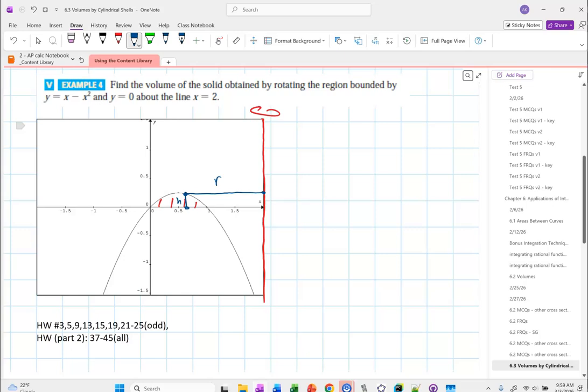so here I'm going to be integrating with respect to x, right? So again, the radius is going to be changing based on the length there. So integrating with respect to x. So dx.